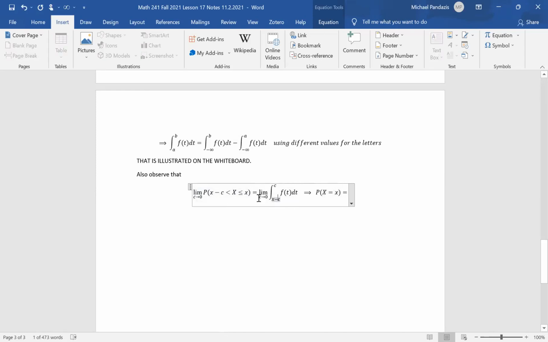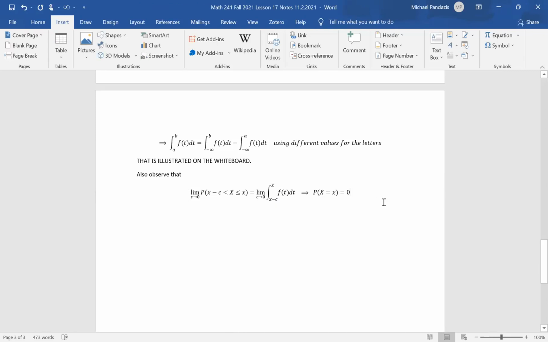The right side, if c goes to 0, then you're taking the integral from x minus c to x, and you're taking the limit of that. So as c approaches 0, the lower integration limit goes to x. And if you integrate from x to x, that's 0. So this implies that the probability X equals little x is 0.